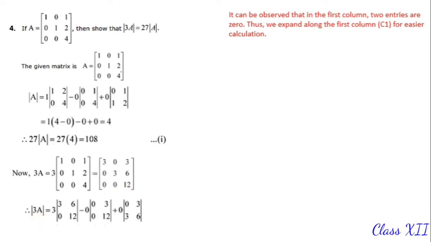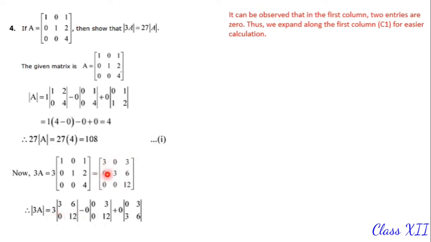Determinant 3A in the sense, here also I am going to expand it through C1. So 3 into first element is 3, first element means 1 plus 1 is 2, 2 is even, because of that positive element, that is 3. Row, column is gone, that is 3, 6, 0, 12, balance it is written.